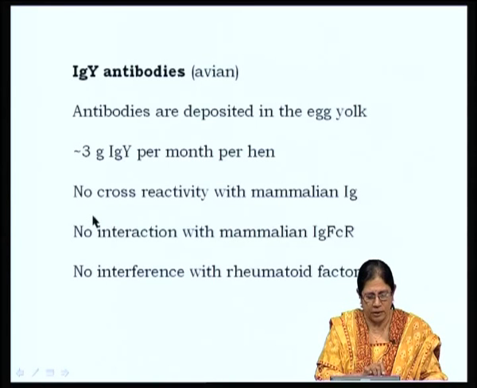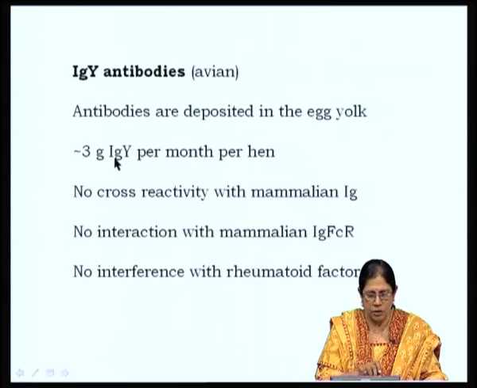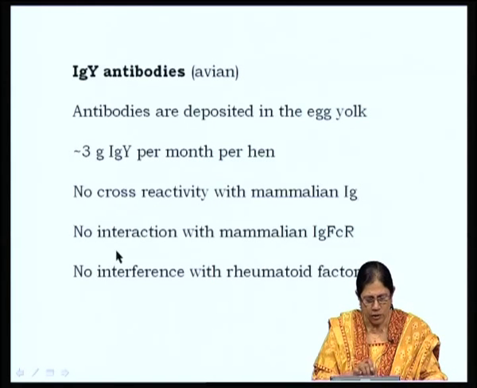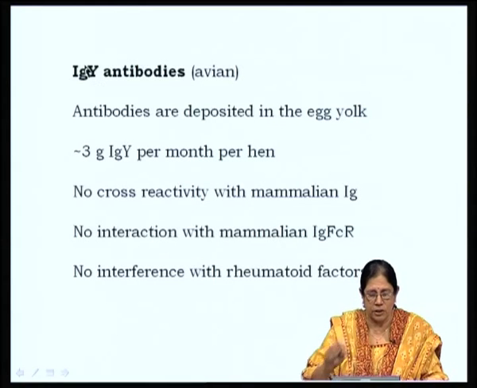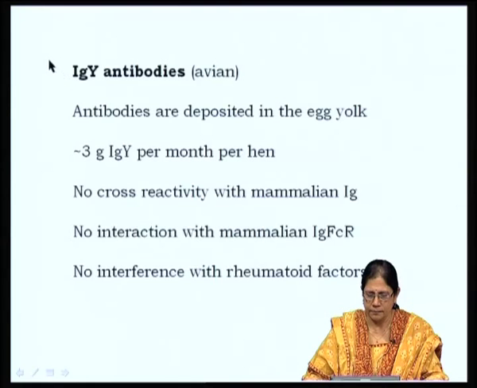Also, most importantly, apart from the commercial aspect, no cross reactivity is seen between IgY and mammalian immunoglobulin. Therefore, there is no interaction with mammalian Fc receptor. Therefore, there will not be any interference, especially when IgY antibodies are used in diagnostics. So, apart from camelid antibodies, IgY antibodies also have a very interesting commercial aspect.